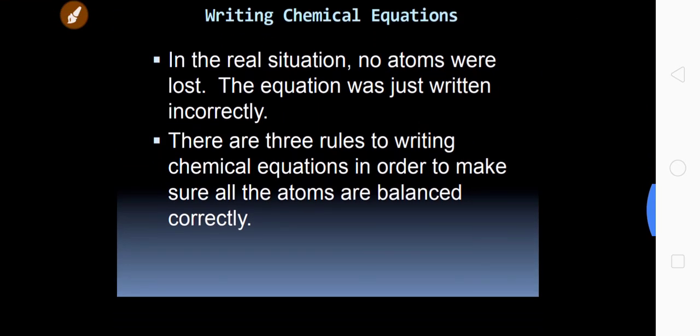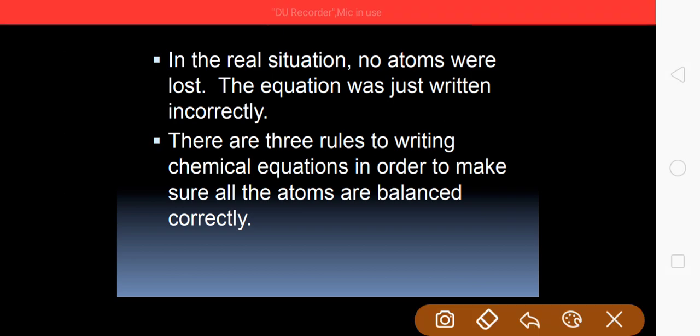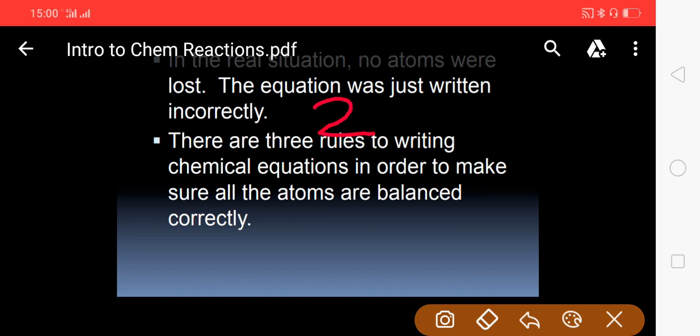Now let us understand today what the different types of chemical reactions and equations are. There are two types of chemical equations: skeleton equations and balanced equations. What is the meaning of skeleton equations?